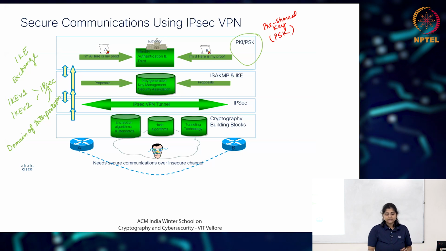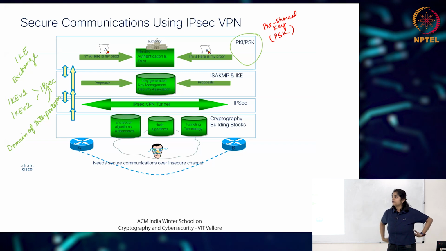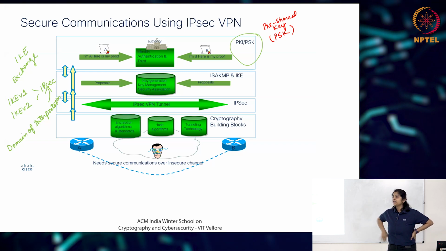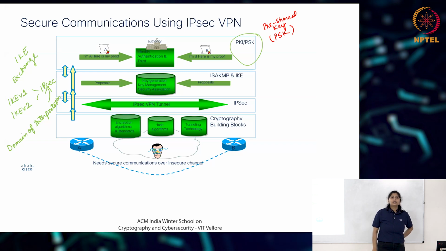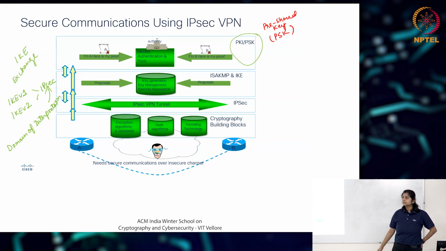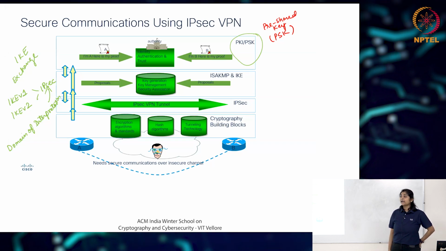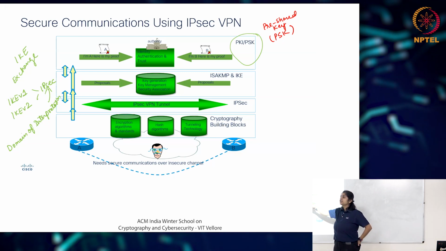Okay, something else is written, PKI. So similar to this, what could be another way to identify, authenticate? And this happens before you even go and exchange the proposals.